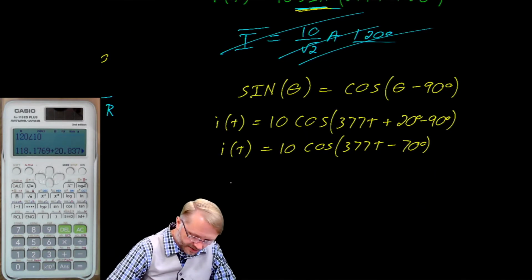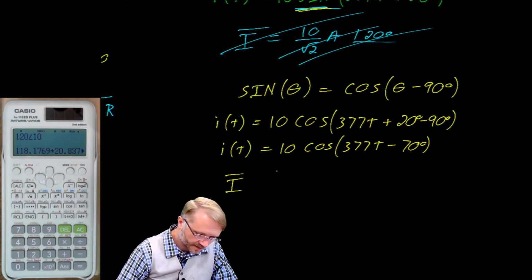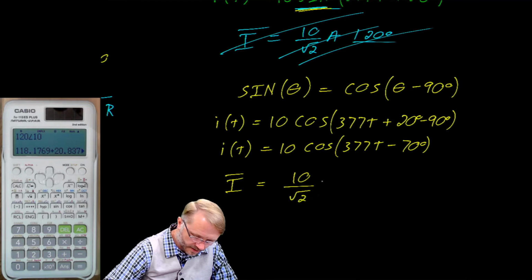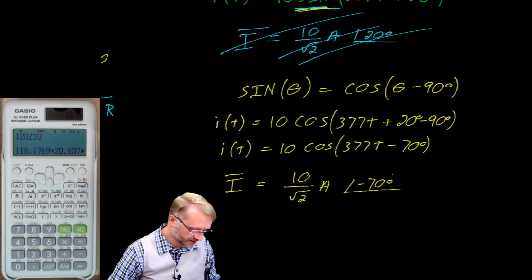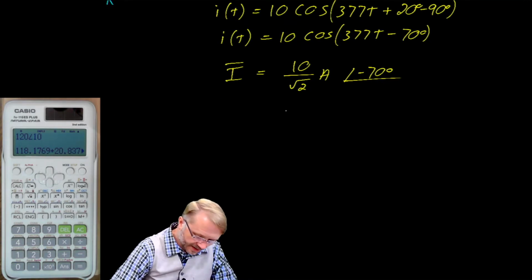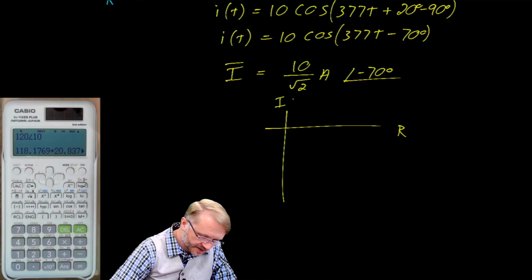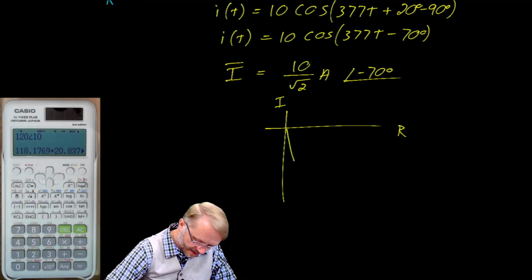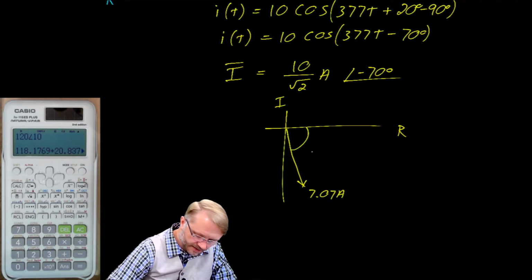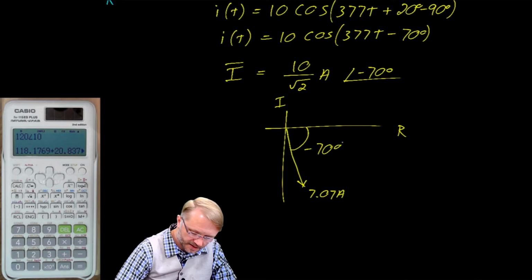And now you can do the phasor conversion. Current is equal to 10 over the square root of 2 amps at a phase angle of negative 70 degrees. And if you wanted to plot that in the phasor domain, here's your real, here's your imaginary, and this is 7.07 amps at an angle of negative 70 degrees.